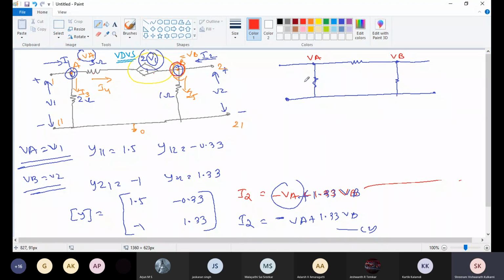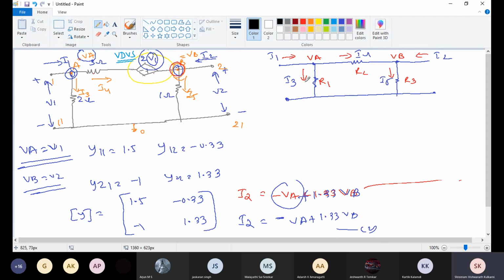I'll call them R1, R2, R3. For writing this current equation, I1, I2, I3, I4, I5. This is a simplified circuit.